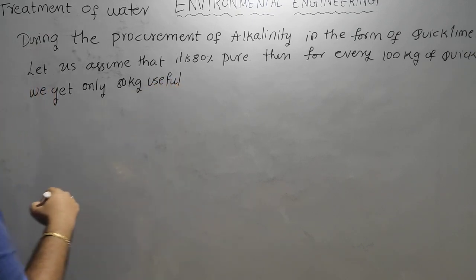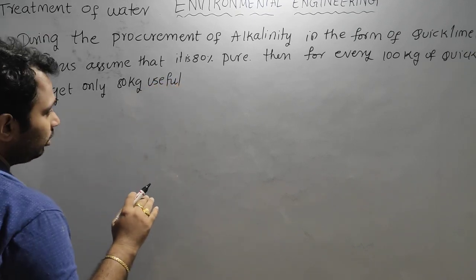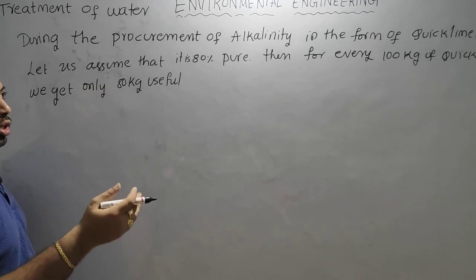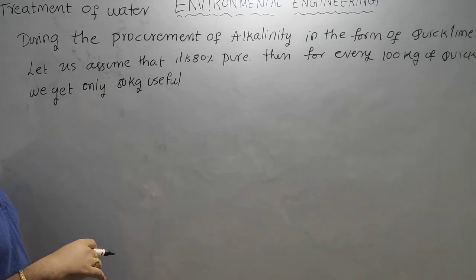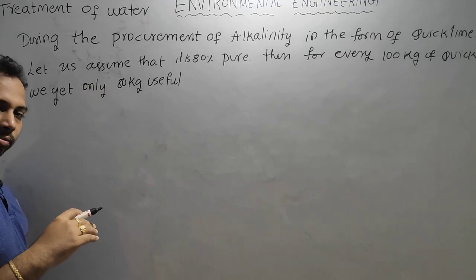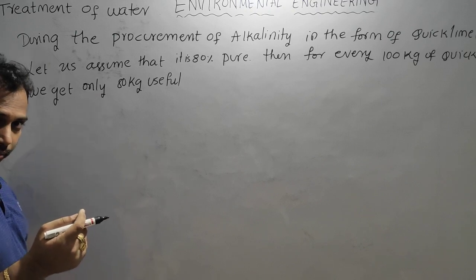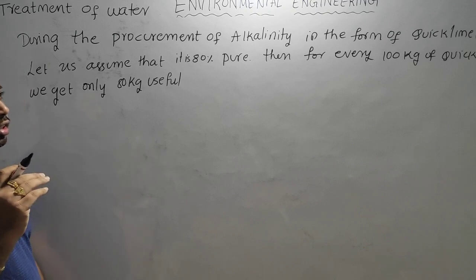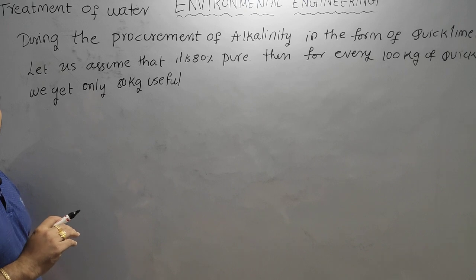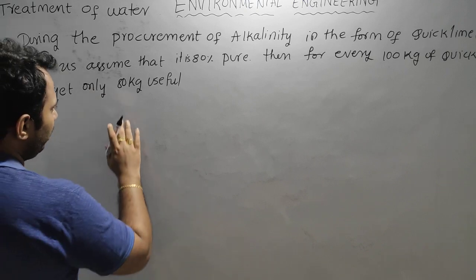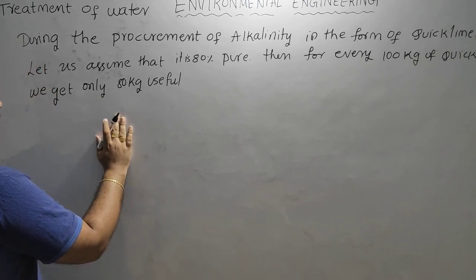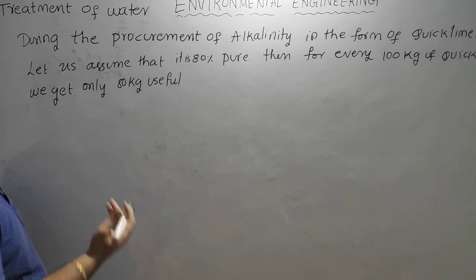So if the requirement is 100 kg and you add 100 kg, you will get only 80 kg. That means if you want 100 kg, you need to add something extra.